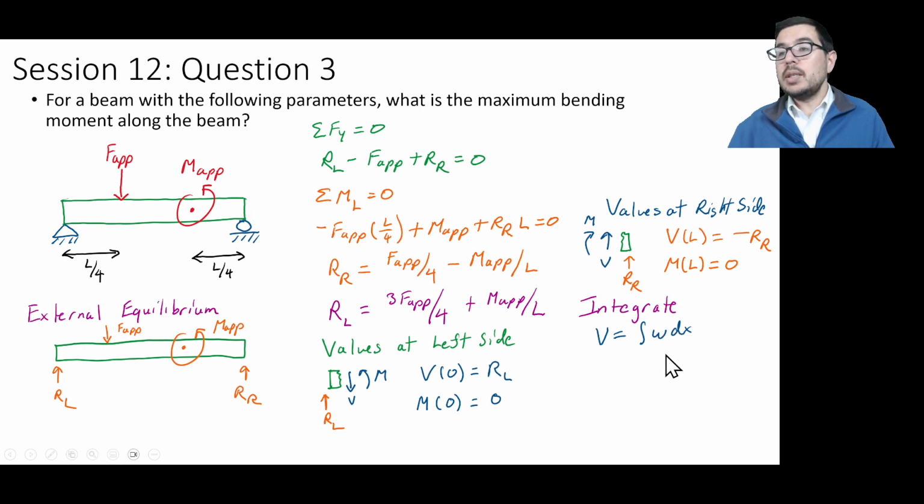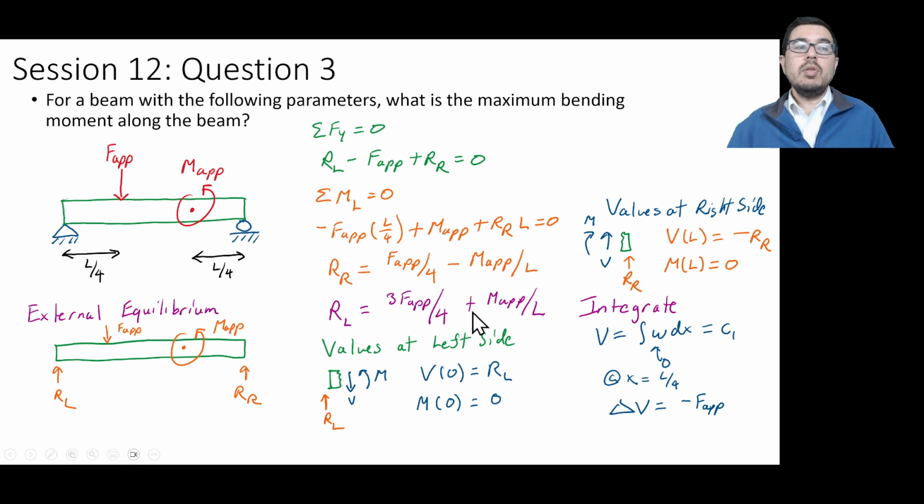So what does that mean? That means that w is equal to 0, and C1 is going to be the resultant here. So we have some type of constant. At x equals L over 4, we also have this delta V that we're going to be imposing on the system. So we have a minus F app.